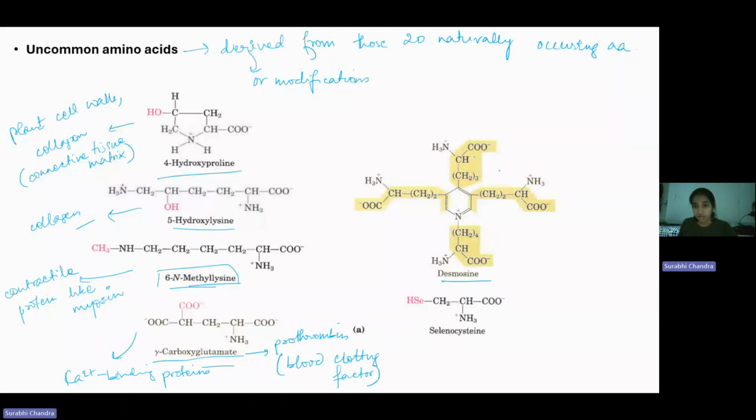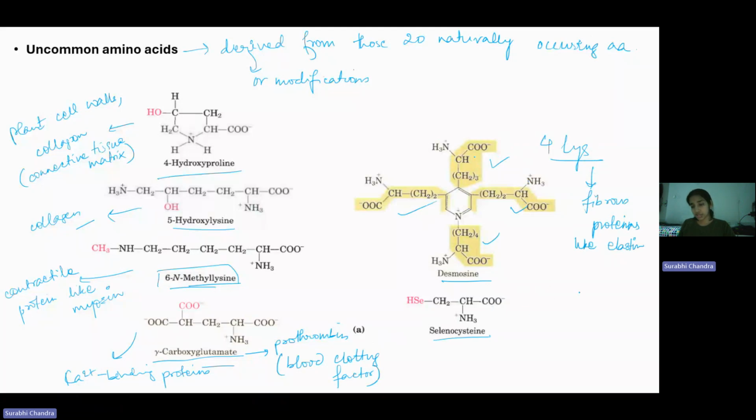There are like one, two, three, four lysine residues which have been modified, and this desmosine is found in fibrous proteins like elastin. Then there's selenocysteine.